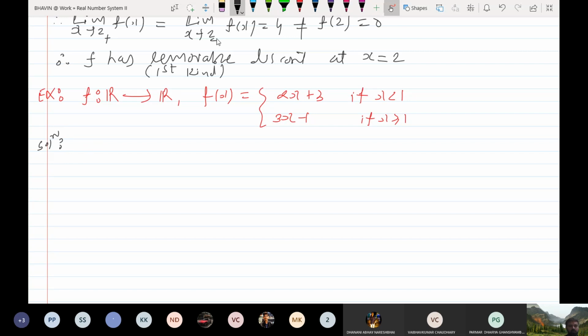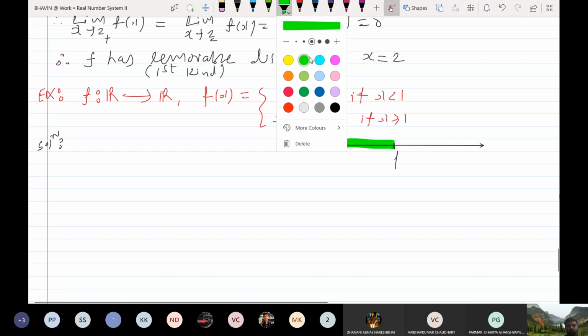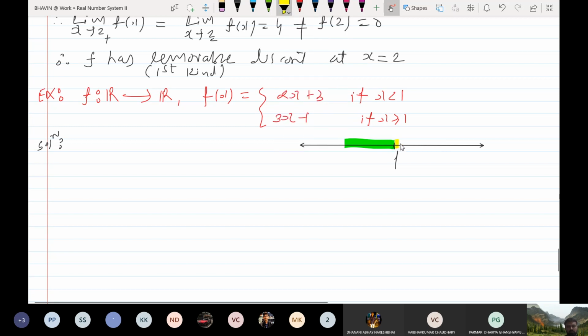ठीक है। ये देखिए, this is point 1, so here your f(x) is 2x plus 3 and here your f(x) is 3x minus 1। Can you say me what does this represent, 2x plus 3?